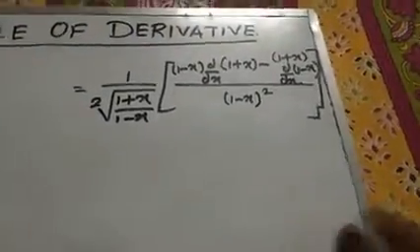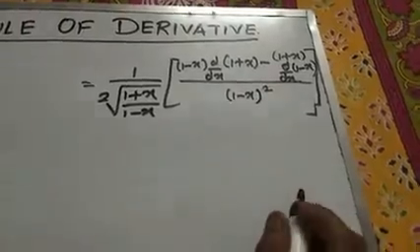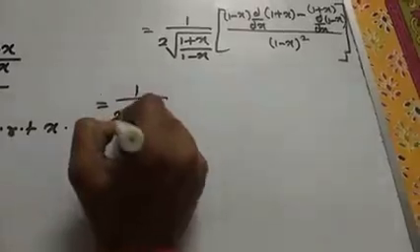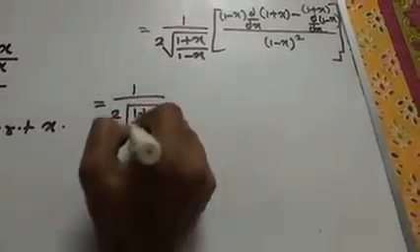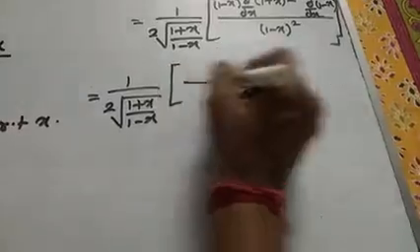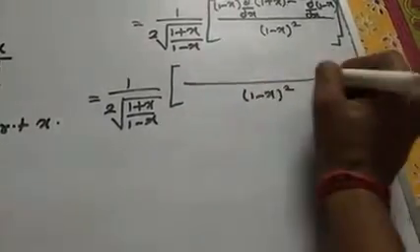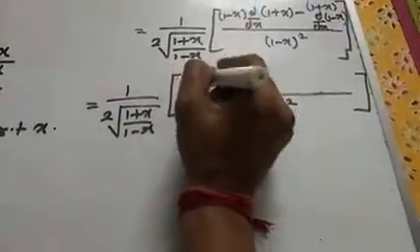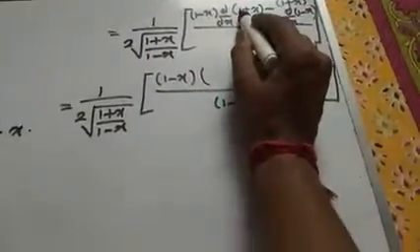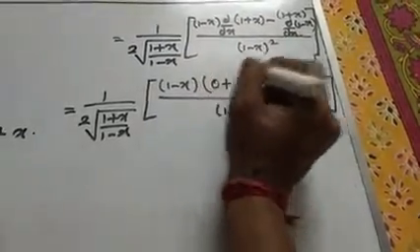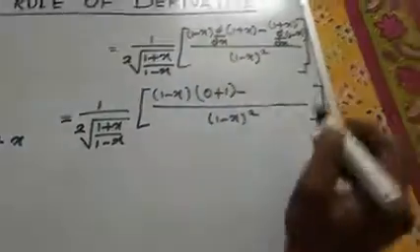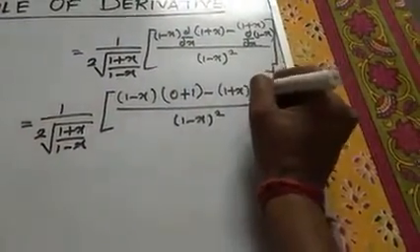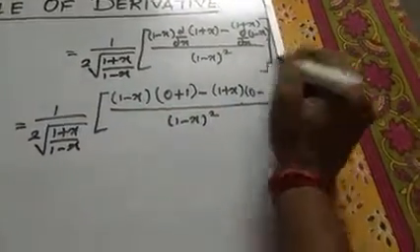It is visible? Now this is the simple calculation part: 1 minus x, d/dx of 1 is 0 plus d/dx of x is 1, minus 1 plus x, d/dx of 1 is 0 minus d/dx of x is 1.